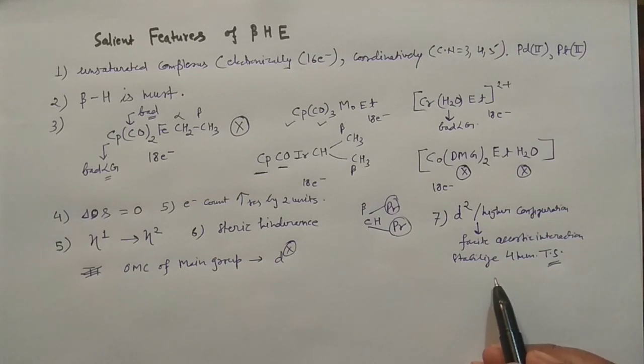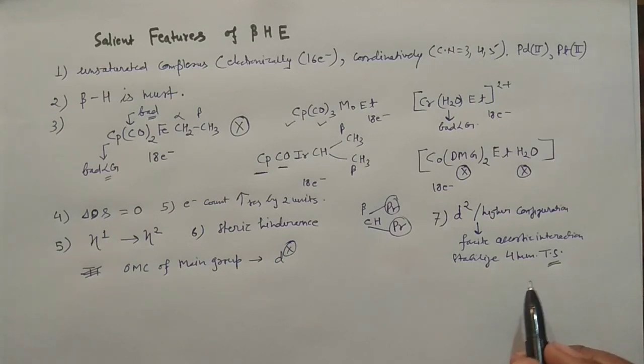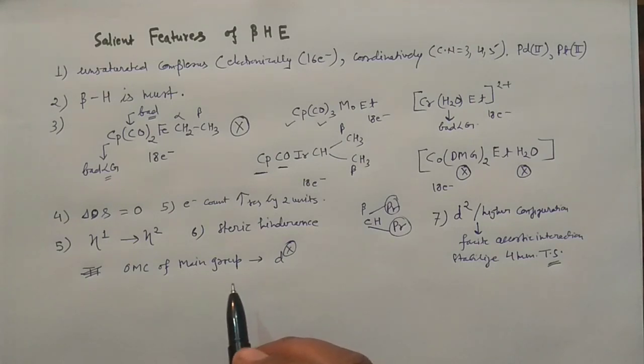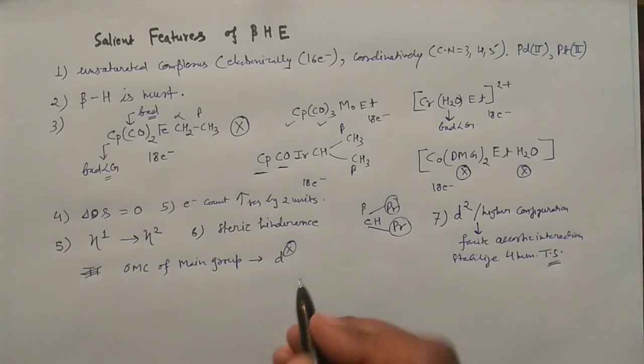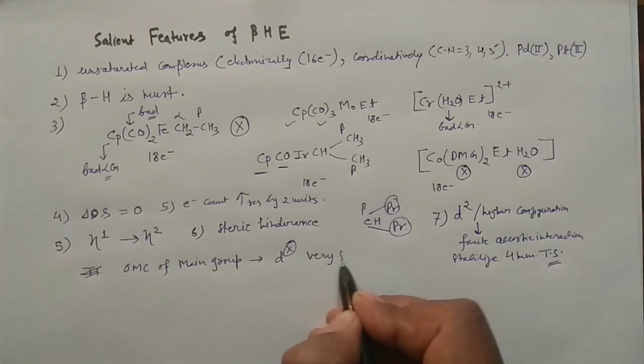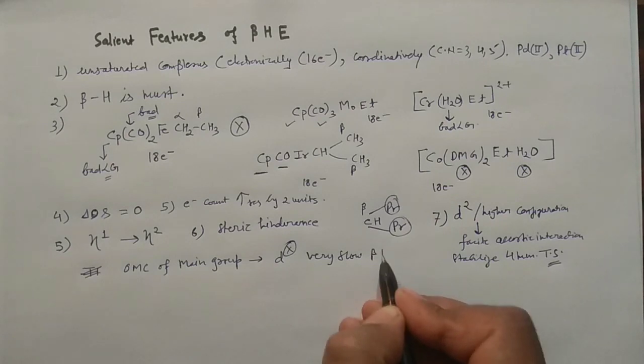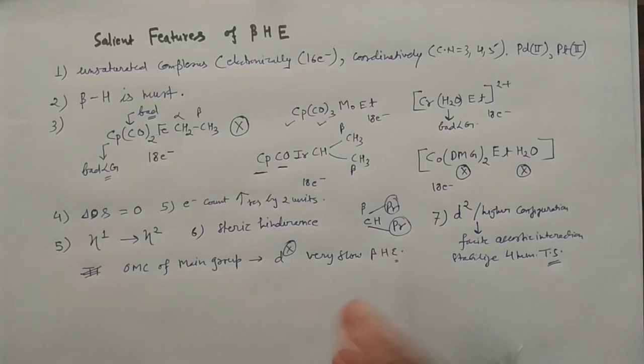In such complexes, the metal will not stabilize the 4-member transition state. So in that case, the beta hydrogen elimination reaction would occur very slowly. Very slow beta hydride elimination reaction. This is something very, very important, guys.